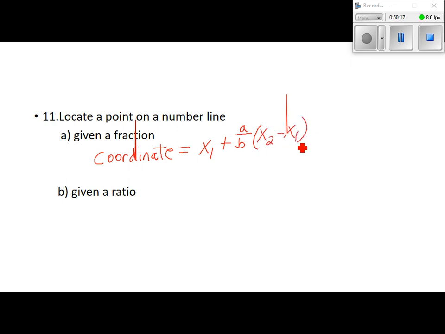That's if we're on a number line. Remember your x2 and your x1 are just your two. If we're on the number line, we're given this point, we're given that point. We got to know which one we're starting at and which one we're ending at, and make sure we put them in there right. This is where we start, this is where we stop.